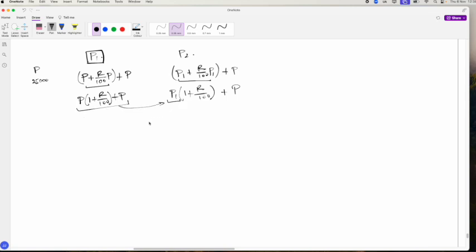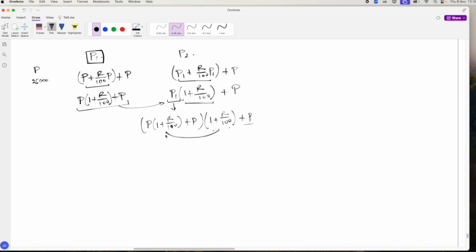Now I will have P into 1 plus R over 100 plus P, and all of this is P1 multiplying by 1 plus R over 100, and then we add in the other P. This other P is separate, so I could multiply inside.